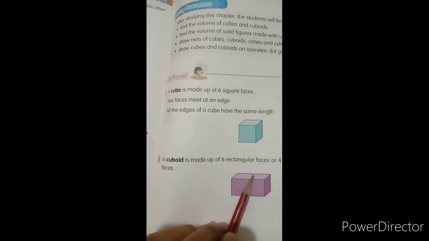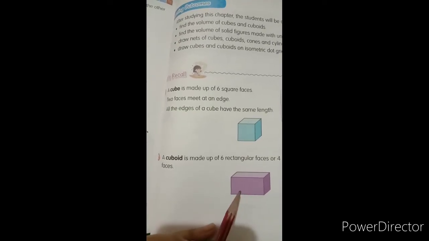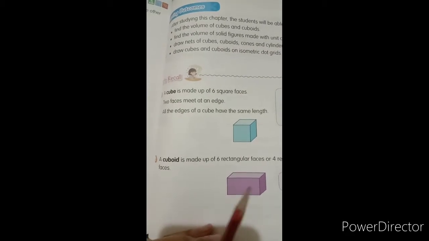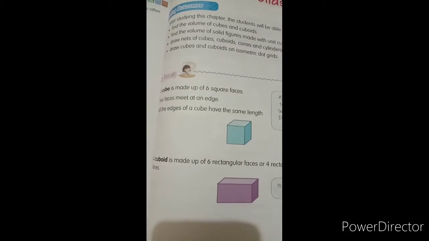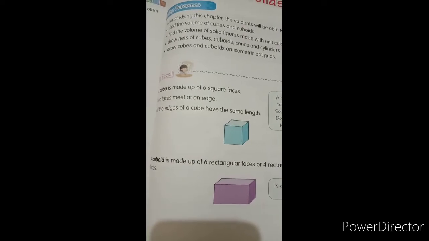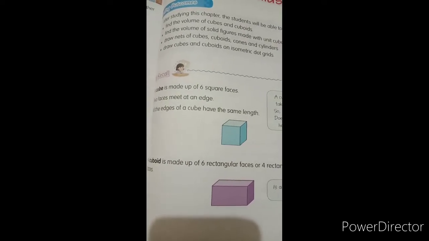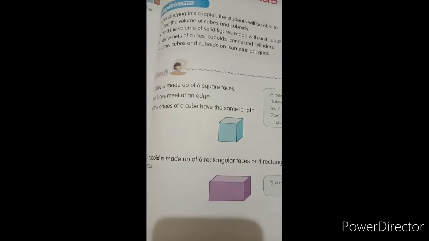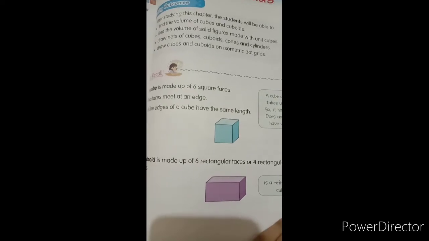First, all 6 faces are rectangular, or 4 faces are rectangular and 2 faces are square. So I hope you understand the concept of cube and cuboid.